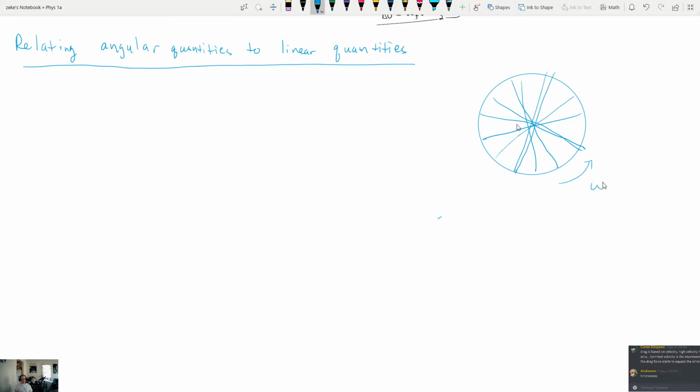So it has an angular speed that goes like that, which would technically mean that its angular velocity would be a vector coming out of the screen. And now let's say that we want to talk about the motion of a point on the wheel. At a point in time, this point on the wheel can have a velocity that we call its tangential velocity.